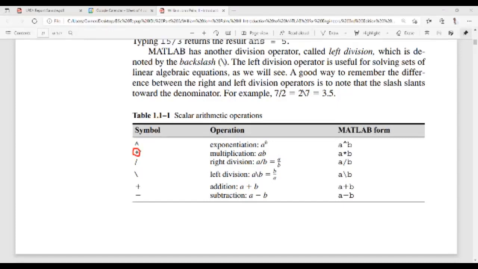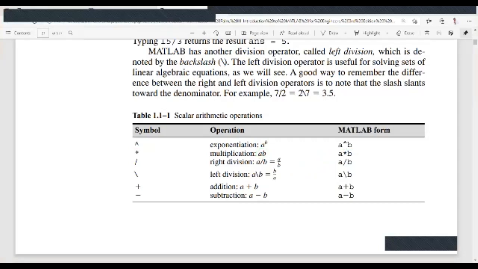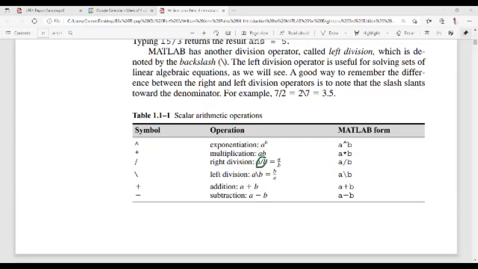So we are saying that the multiplication sign, for example, if you want to type A times B, then you should use A star B. If you want to type A divided by B, which is the same as A over B, then you use this one.